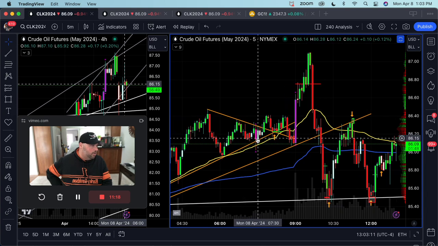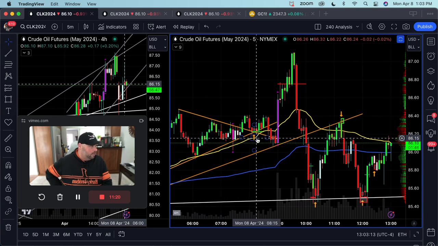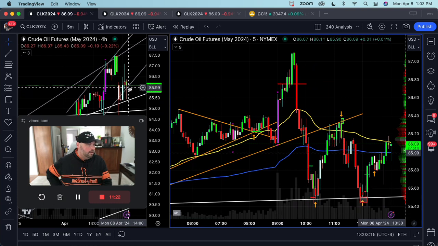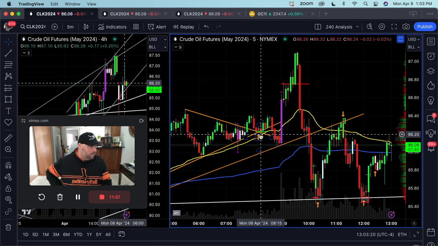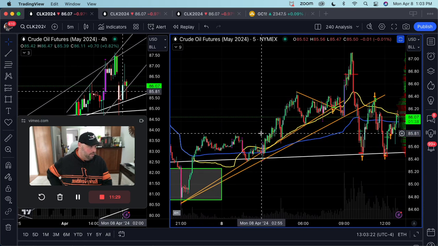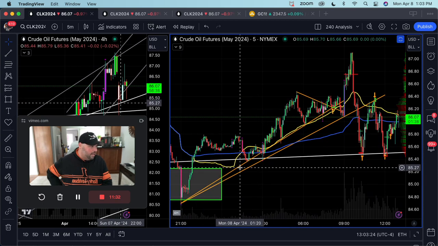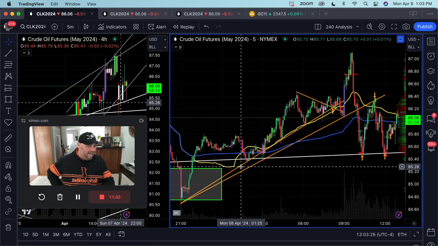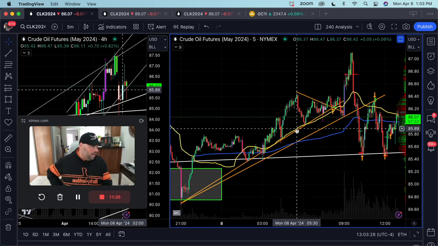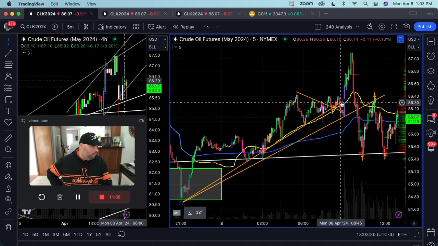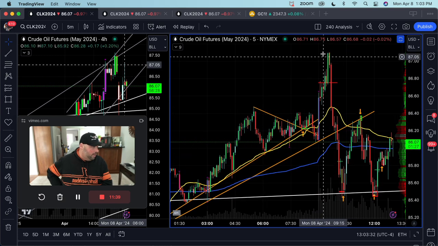It's not a super clean trending day, but having a clear idea of where viable support and resistance is, I'll tell you, these two trend lines really helped analyze all of the price action, not only before the 9 o'clock open, but after it too.